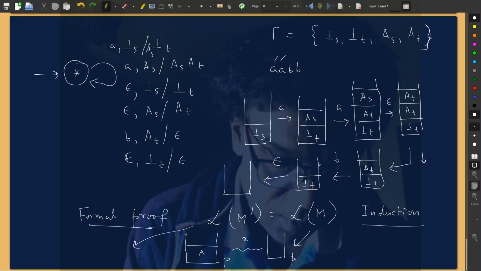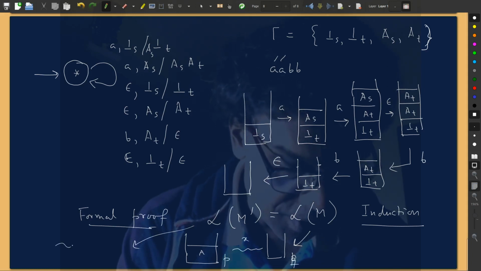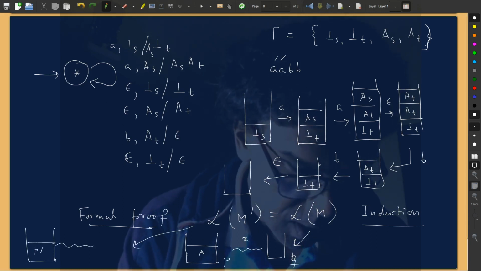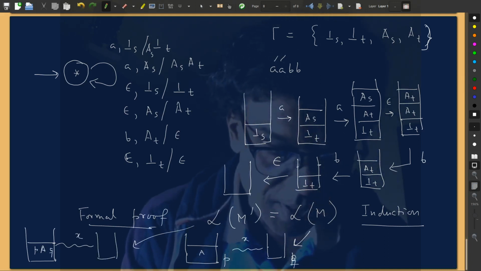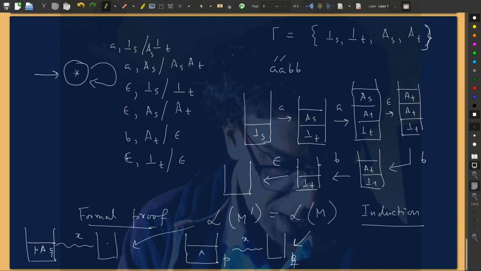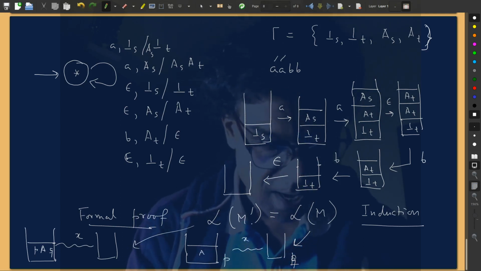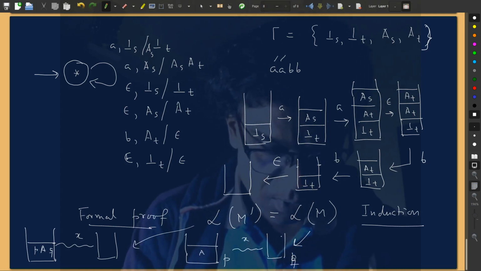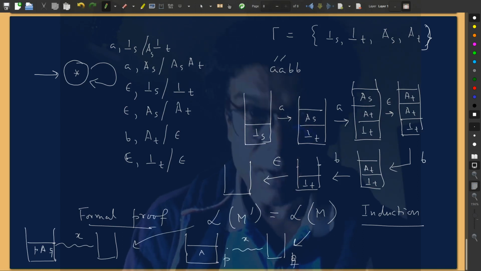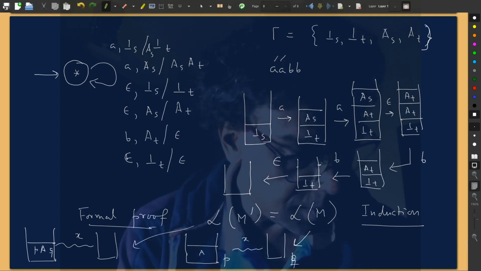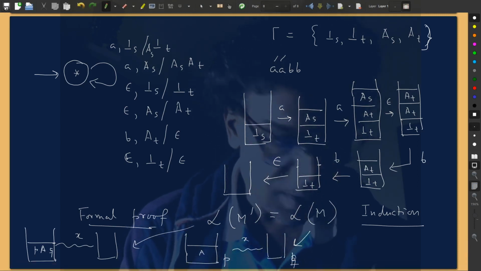This is P, this is Q. Then you read the same string X, and you have PAQ, end up with an empty stack. If this thing happens in M, this thing will happen in M prime, and if this thing happens in M prime, this thing will happen in M. So that will essentially prove that they have the same language. So you can use induction on the number of steps in the transition function. Okay. In any case, this is not a very easy construct, but at least this shows that CFG and PDA are equivalent.